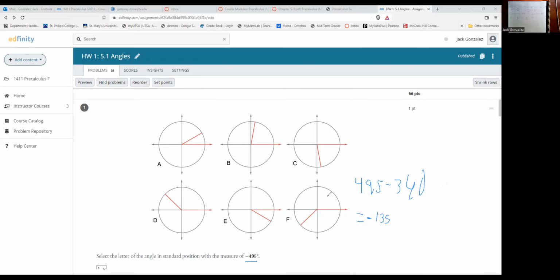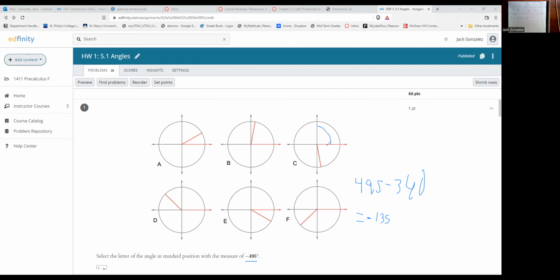So where is negative 135? Negative 180 would be from here to here, so it would have to land somewhere around here. This is negative 80-something, because one quadrant is 90 degrees.